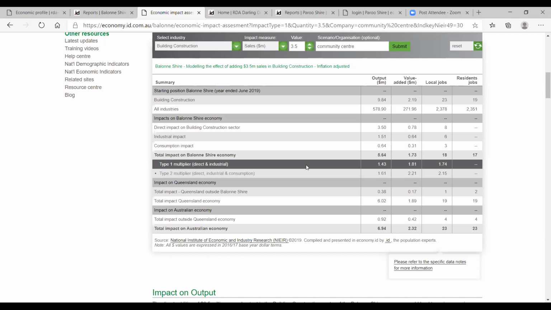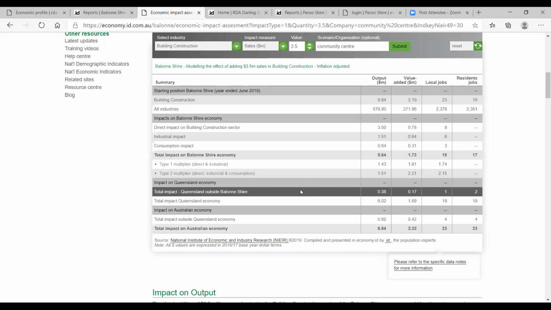Do they spend their money locally? And the reason why those multipliers are really important for each council is because in Balonne, a construction worker is very different to a construction worker in Townsville, Longreach, Brizzy, Sydney, wherever. So everywhere I go over Australia, these multipliers change in accordance with how people spend their money.